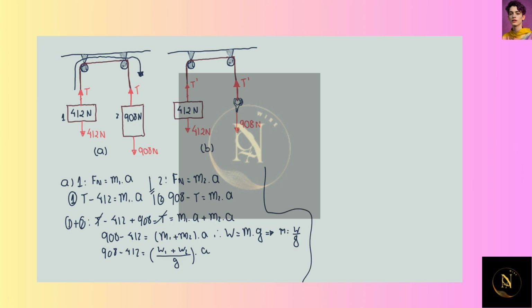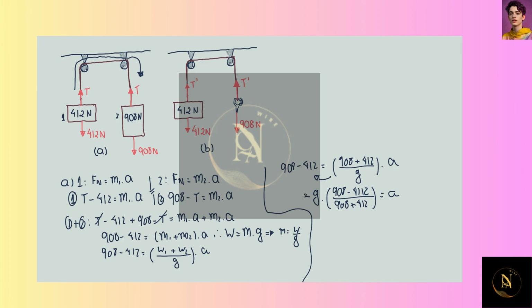Then 908 minus 412 equals (908 plus 412) divided by g, multiplied by a. Sending these terms to the other side, we get g times (908 minus 412) divided by (908 plus 412) equals a.